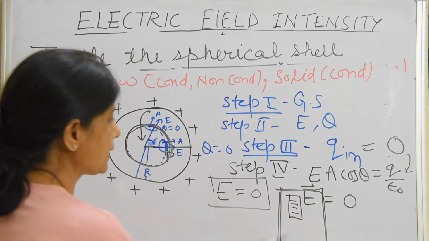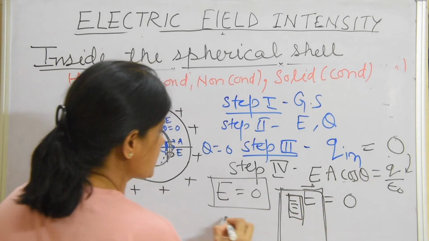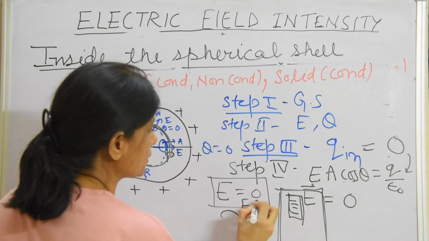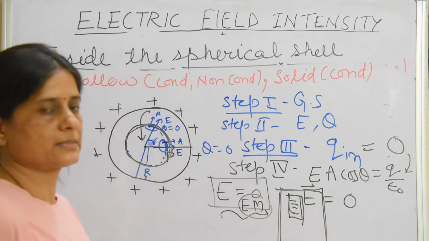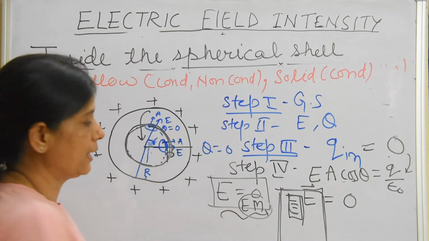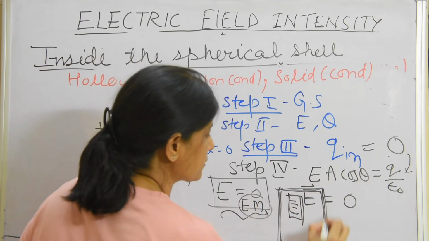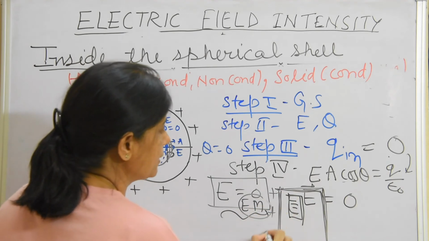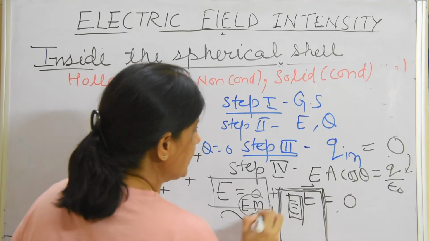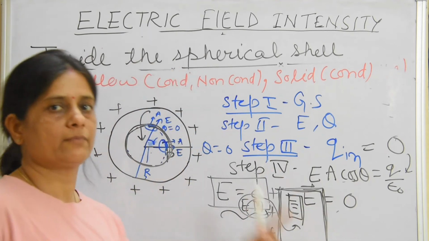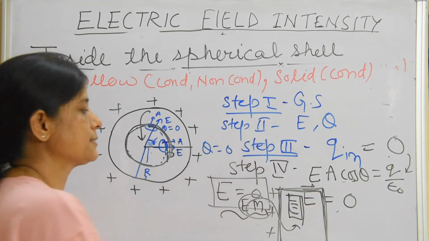Because the mobile signal consists of electromagnetic waves, and when it strikes the metal surface of the lift, it spreads outward on the surface. It doesn't come inside. That's why we don't receive any signal inside the lift.